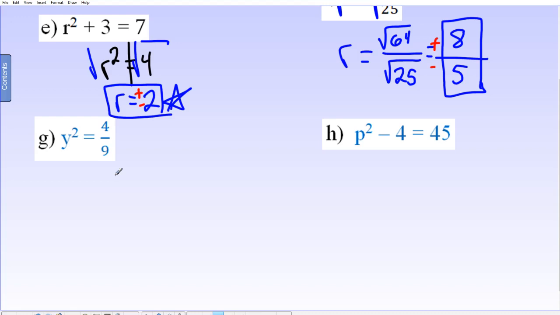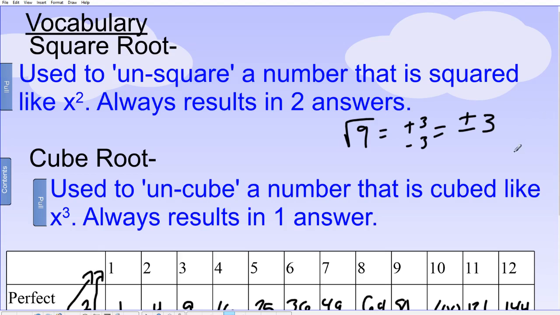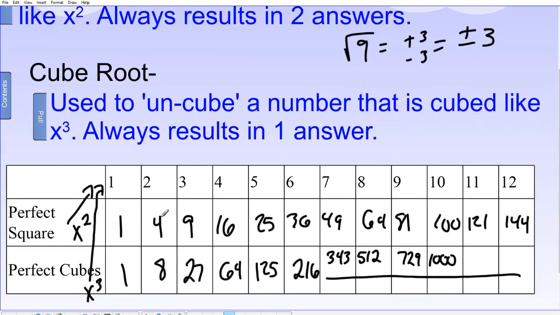All right, so for letter G, I'm just going to start by square rooting both sides. This square root and this squared cancel out, so I get just y equals. On the other side, when I square root 4/9, since I don't know what the square root of 4/9 is off the top of my head, I'm going to try to break this down into just the square root of 4 and the square root of 9. Now, I can see by looking at my table that both 4 and 9 are perfect squares.